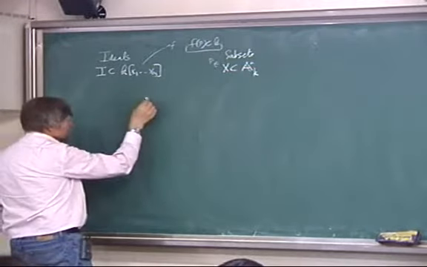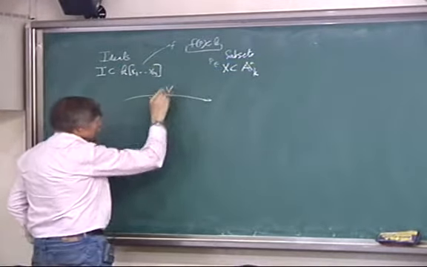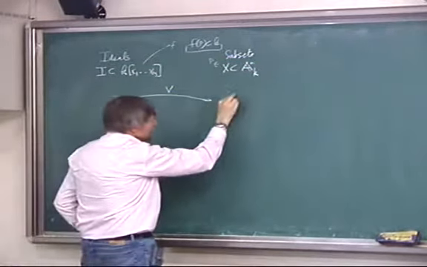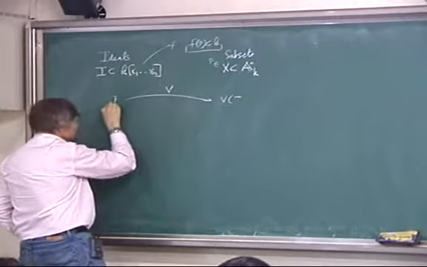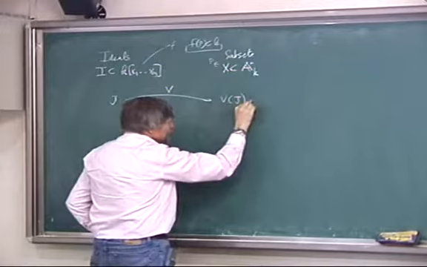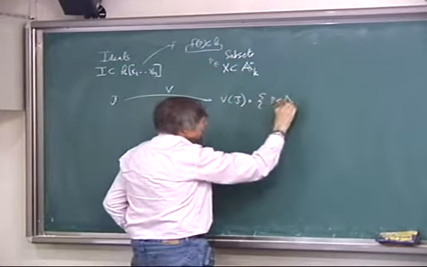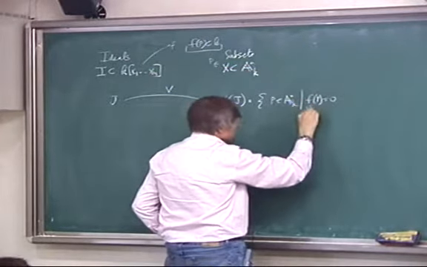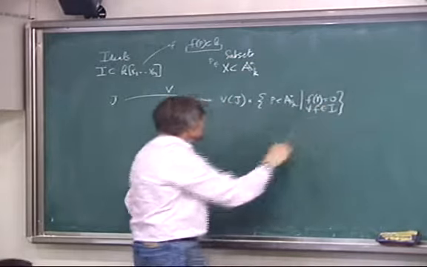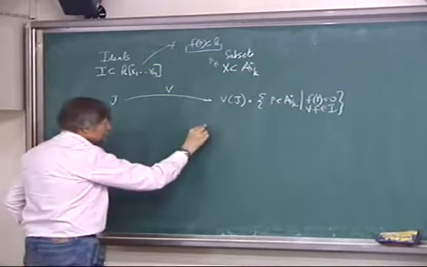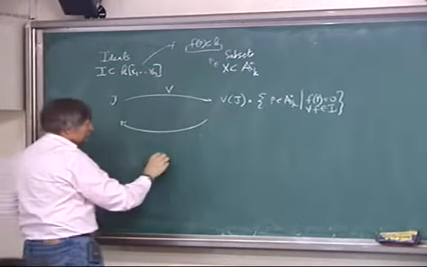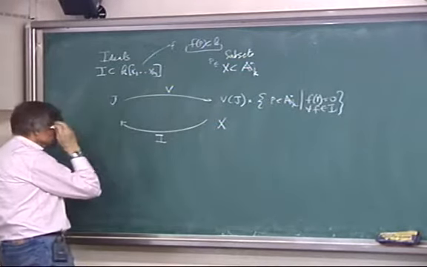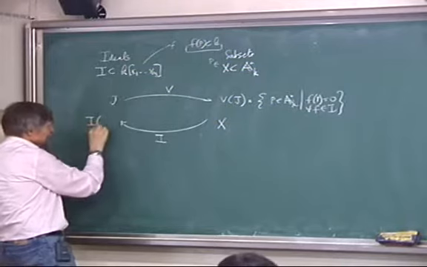And so I have these two correspondences. There's a thing that's called V that goes that way. So this sends J into V(J), which is the set of points p in A^n such that f(p) equals 0 for all f in J. And then the other way round, there's a correspondence called I, which is taking some set X there, and it's mapping it into I(X).